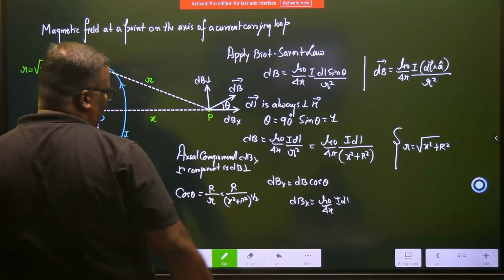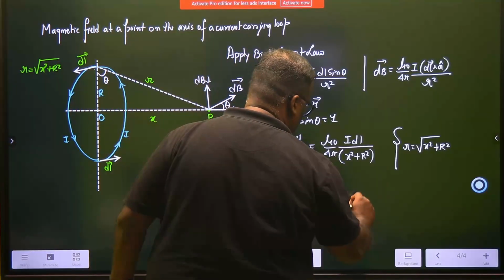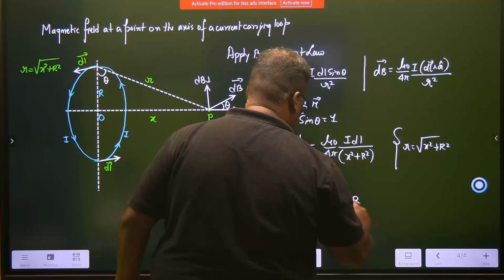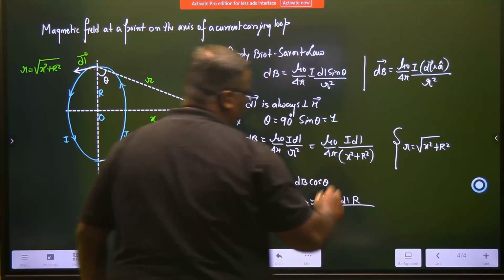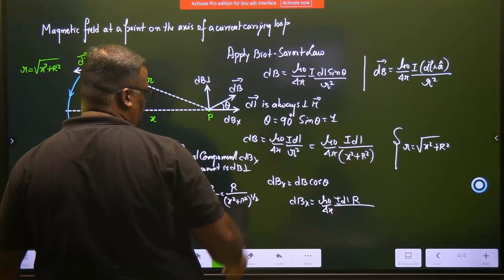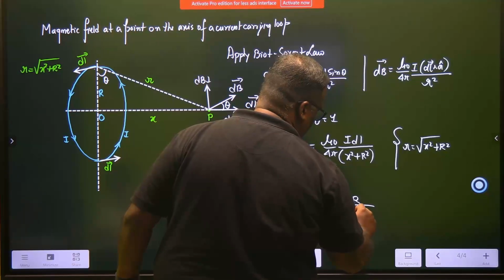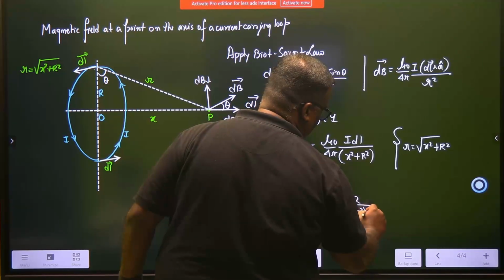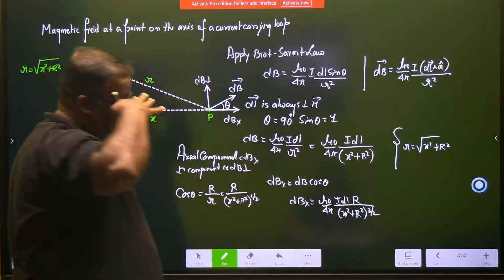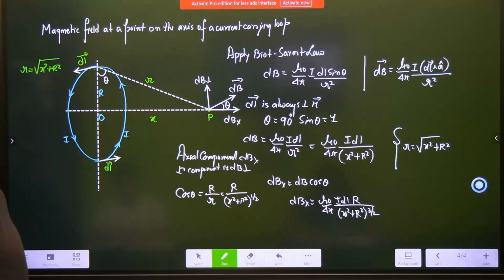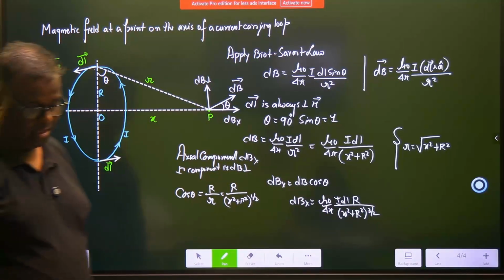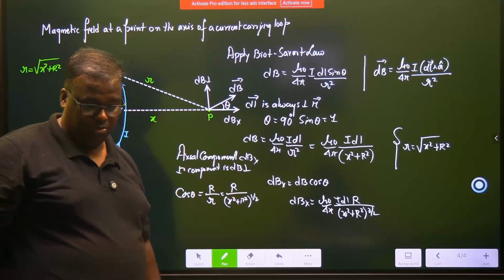Sin theta's value was 1, so we have to bring cos theta, which is r over root of x square plus r square, so it becomes x square plus r square to the power 3 by 2. Just check: x square plus r square to the power 3 by 2.